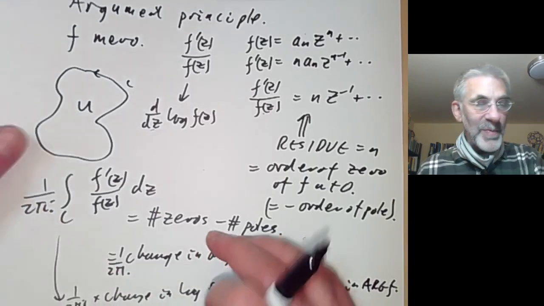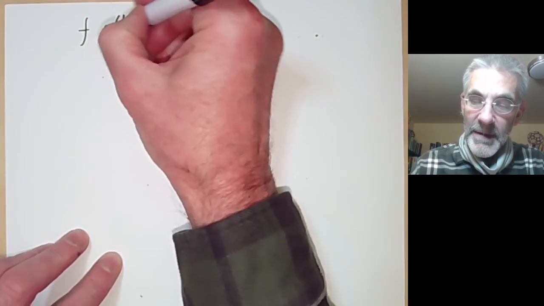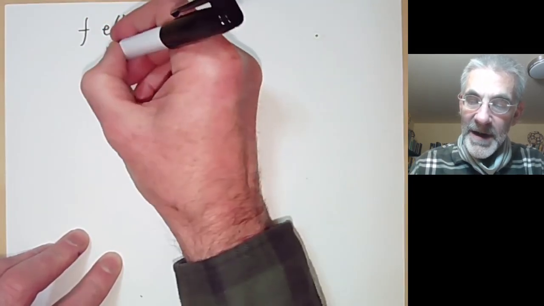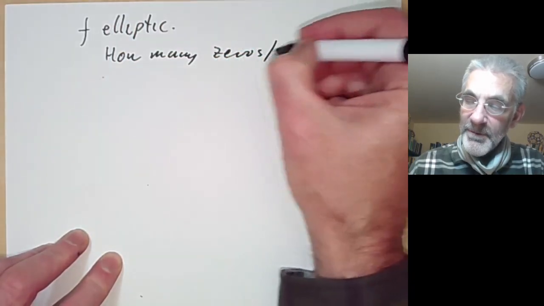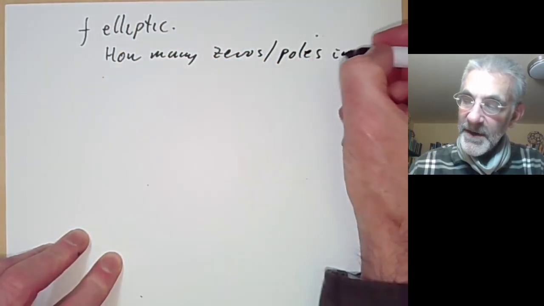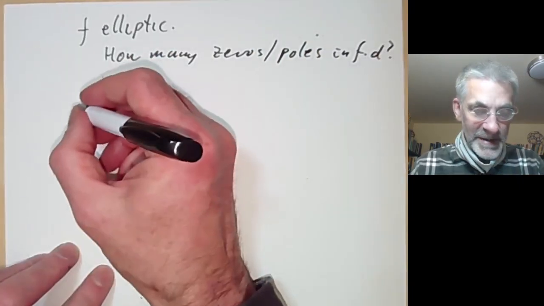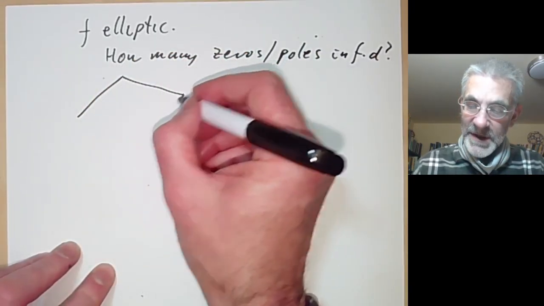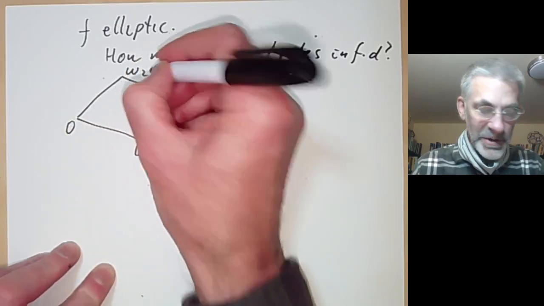So let's now apply this to elliptic functions. We can ask, suppose f is elliptic, how many zeros and poles does it have in a fundamental domain? So let's apply the argument principle to this. So here's a fundamental domain. Here's 0, omega 1 and omega 2.